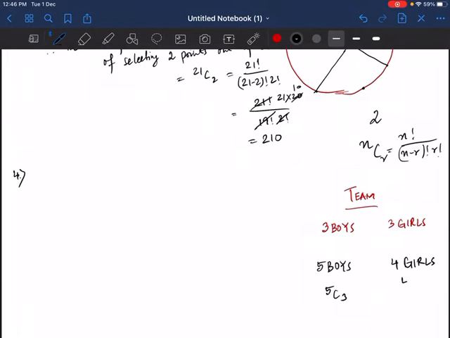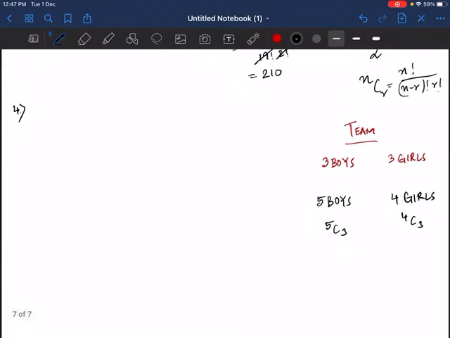It will be 4C3. Now we need to form a team of 3 boys and 3 girls. So by the multiplication principle, the number of ways we can select a team is 5C3 into 4C3.